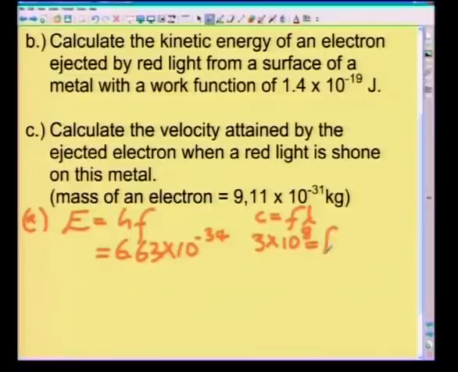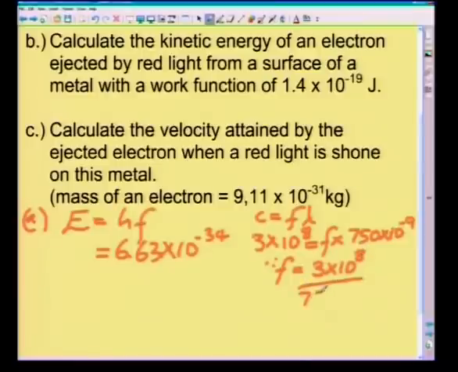So c equals F times lambda, where lambda is 750 nanometers, which is 750 by 10 to the power minus 9. Remember? Therefore, our F equals 3 by 10 to the power 8 divided by 750 by 10 to the power minus 9. Let's work that out quickly.